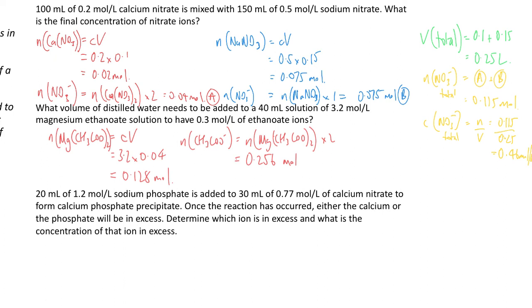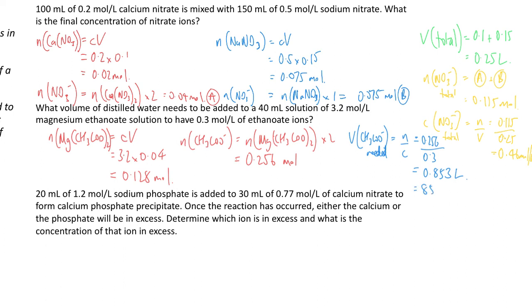So the volume that I need is equal to n on c, which will be 0.256 over the concentration required, 0.3, which is 0.8533 liters. Okay, so this is the tricky bit.